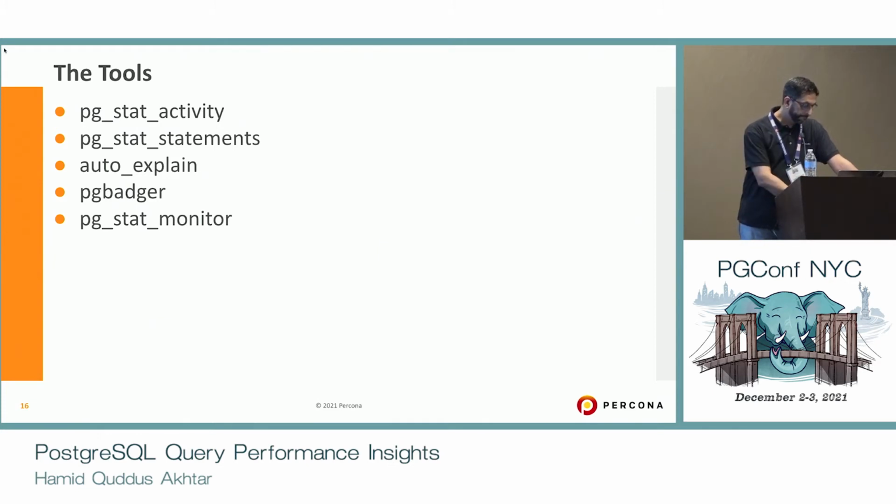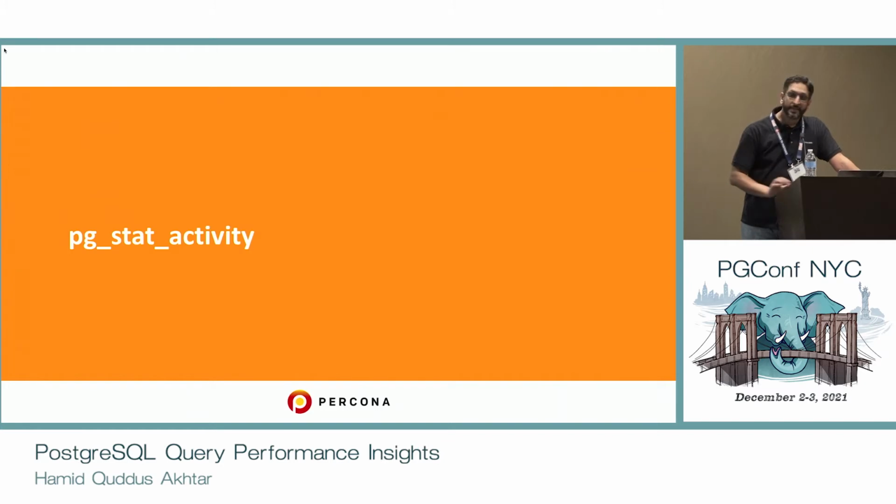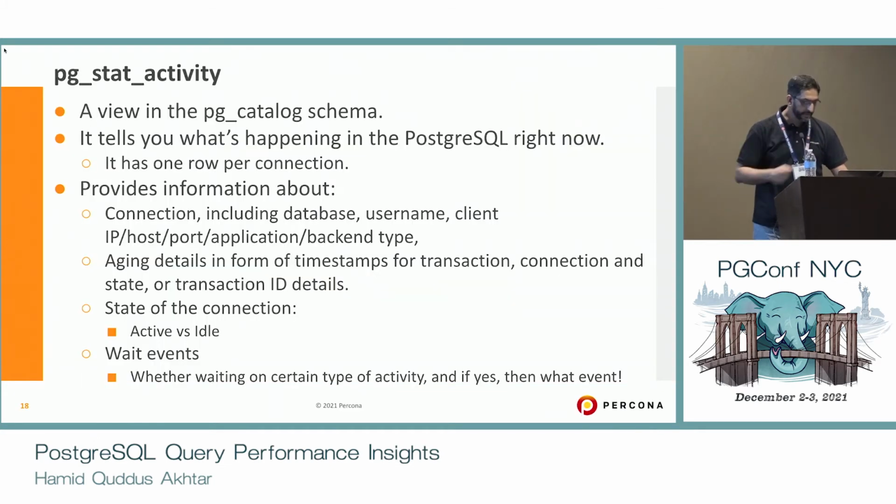So pg_stat_activity is available. You don't have to do anything in Postgres. The moment you have your Postgres set up and running, you can query this view. It's a part of the catalog schema. As you can guess, it's really telling us what's happening currently within the Postgres server.